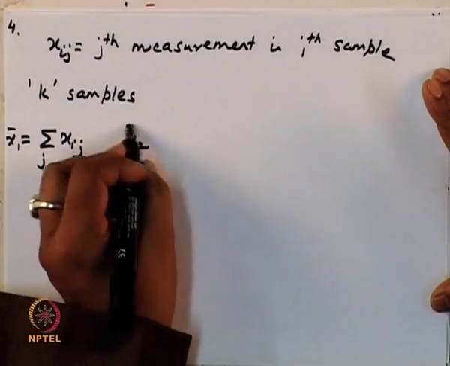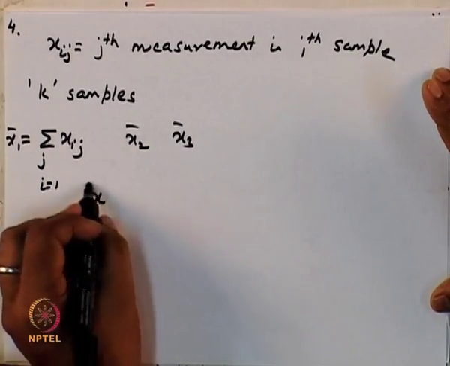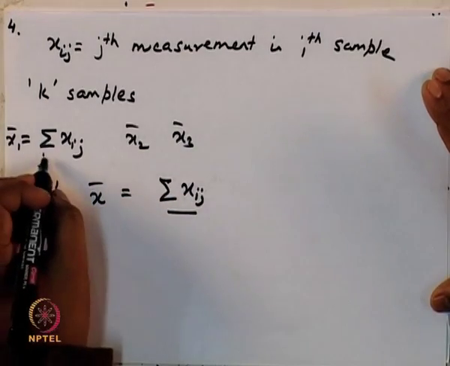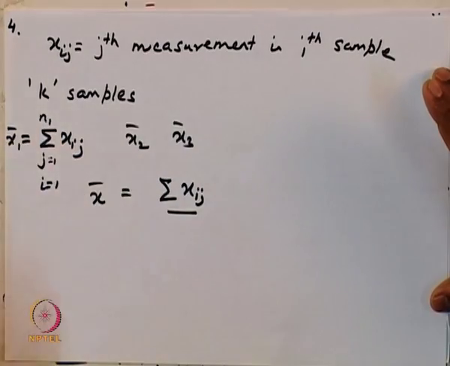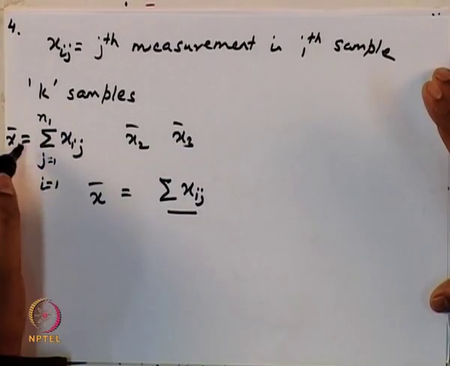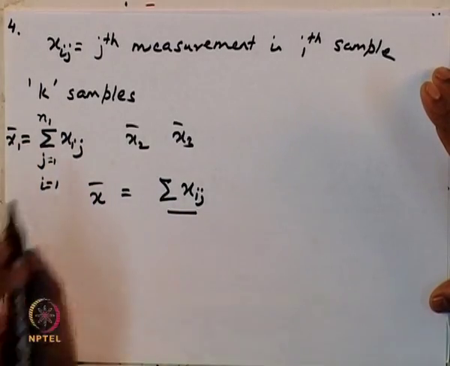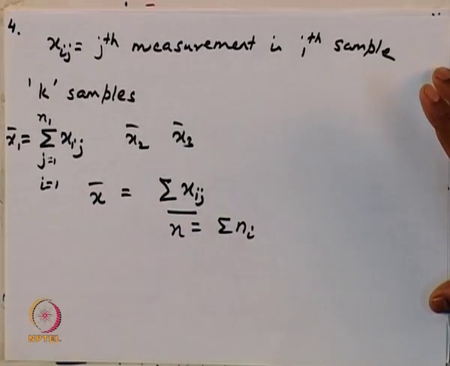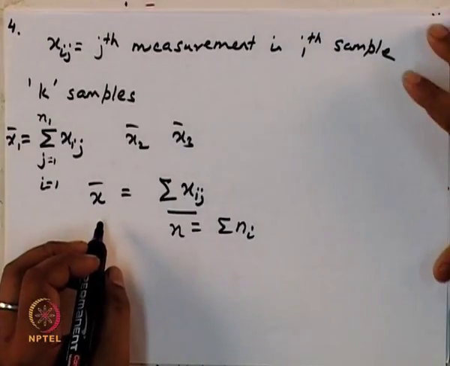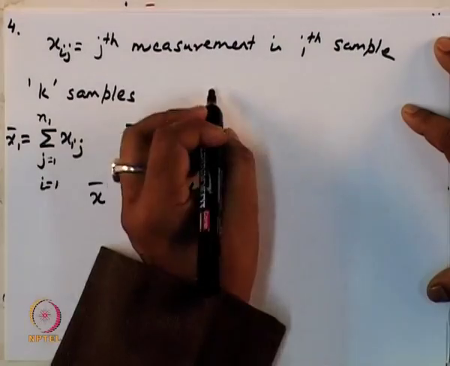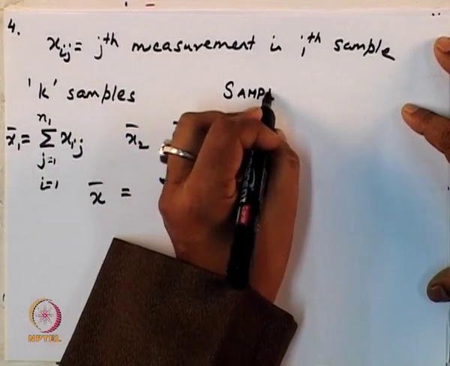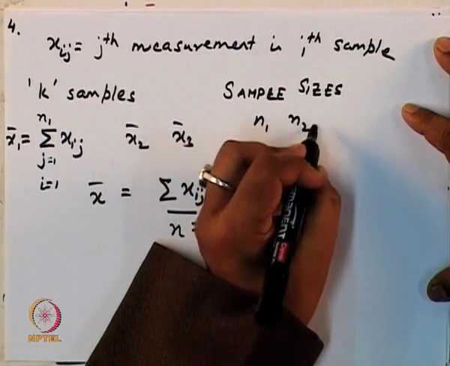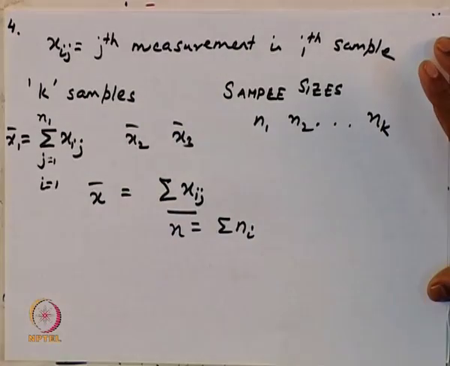Similarly you have x2 bar, x3 bar, and you can also calculate x bar, which is summation xij for j equal to 1 to n1, where n1 is the sample size of population 1. Similarly, you can do all. So, summation xij by n, where n is defined as summation of ni. So, you can define this x bar, and your sample sizes are n1, n2, nk, where k is the total number of populations.